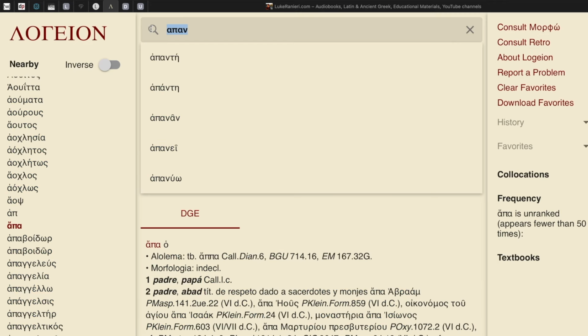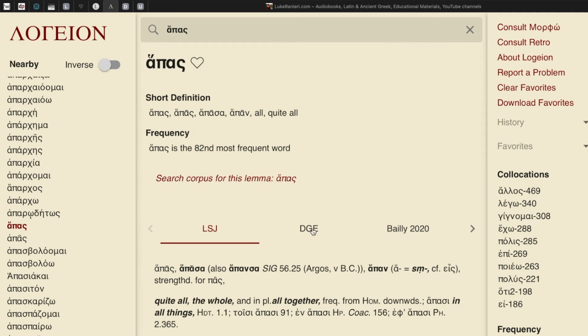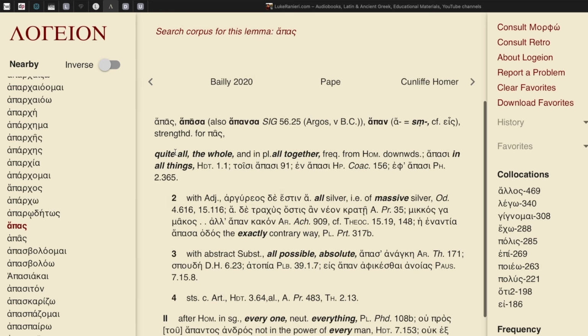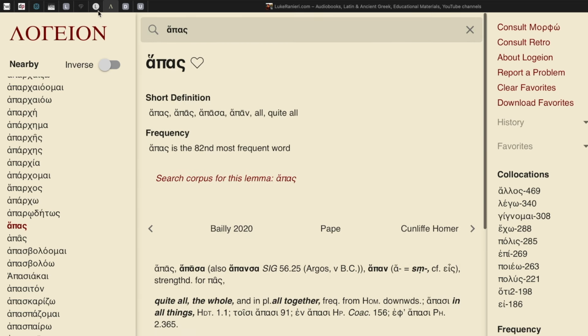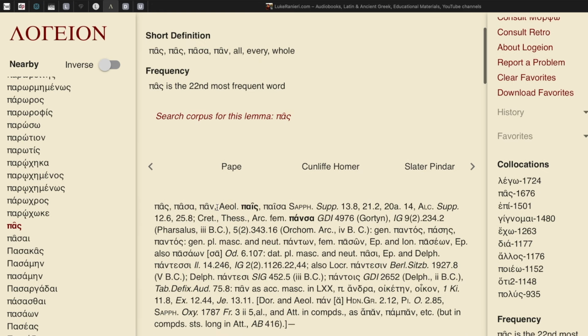Of course, this is just a more emphatic version of the word pas, meaning all. And when I put this in here, we see hapas, hapasa. We see, okay, hapan. So we maybe learned that this is the word hapas, and we've also learned the fact that the pan here is short, which is very interesting because it's not short in the neuter without that.